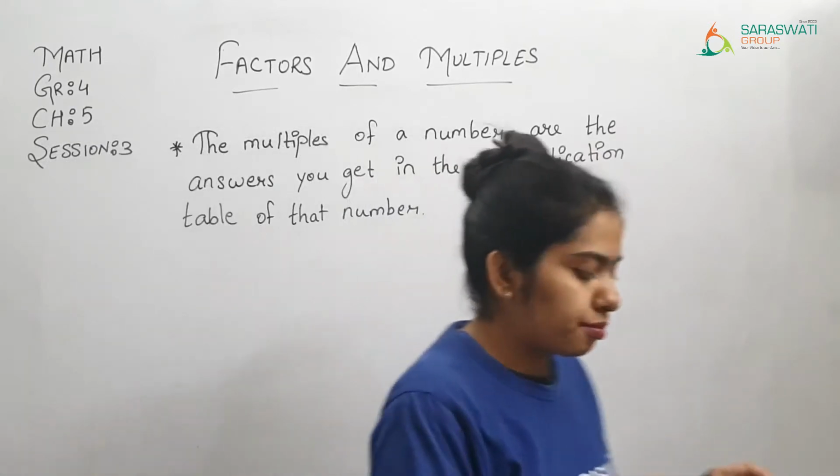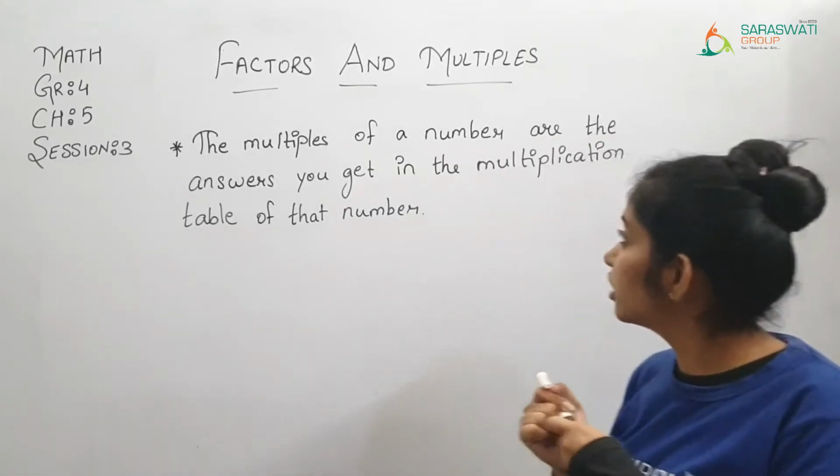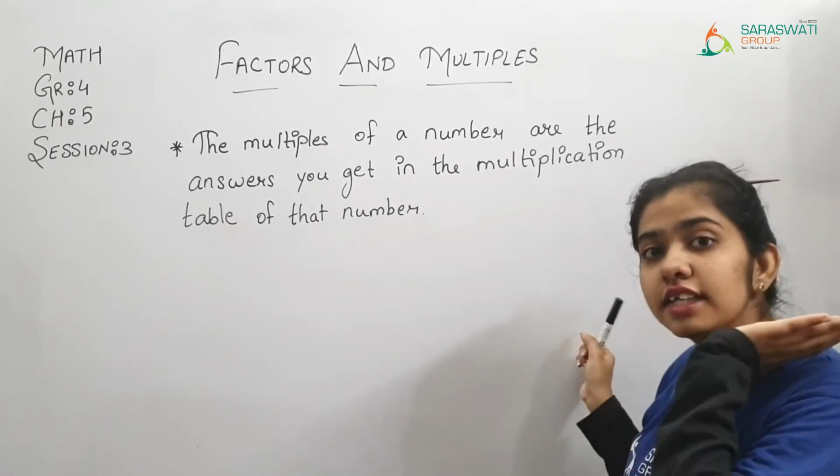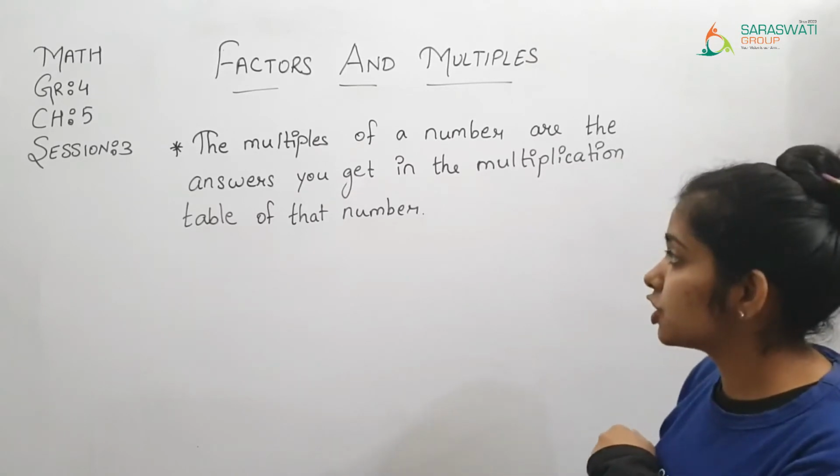Right? So multiples of a number are the answers you get in the multiplication table.